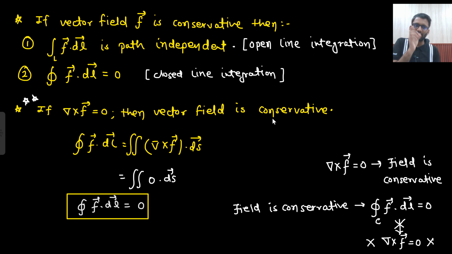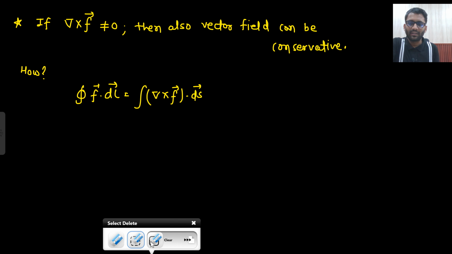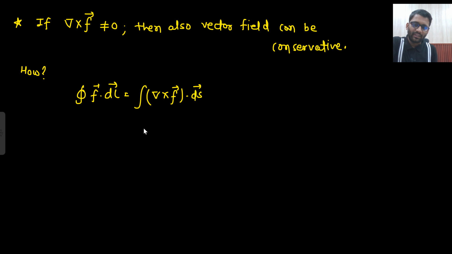If del cross f is 0, then certainly the vector field will be conservative. But if the vector field is conservative, it's not necessary that your del cross f will be 0. So this is what I have written. If del cross f is not equal to 0, then also the field can be conservative. Here I can write down what if del cross f is perpendicular to ds.